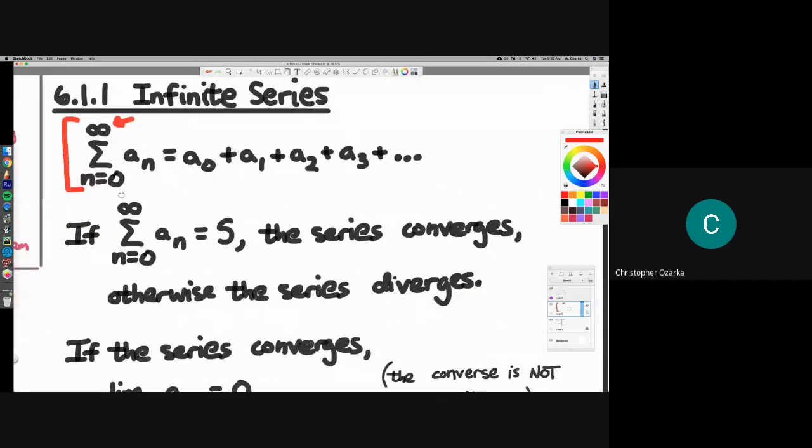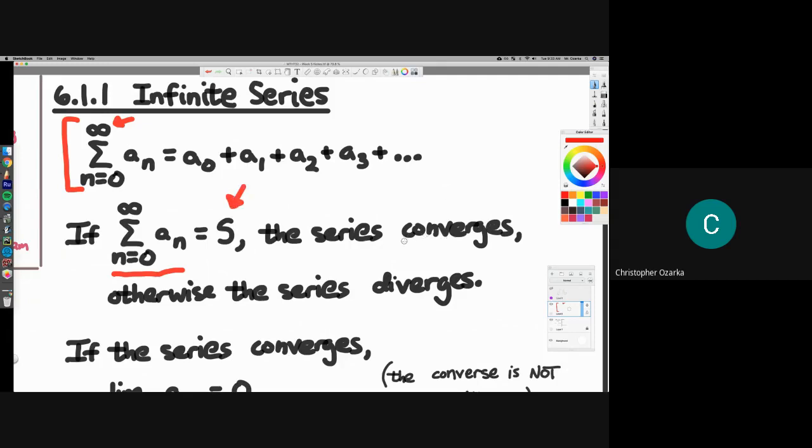If the infinite series, remember this means infinity, is equal to some value, it converges.